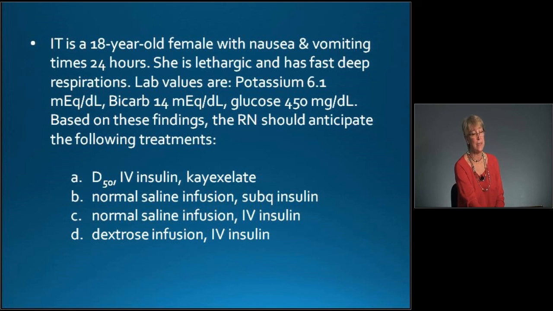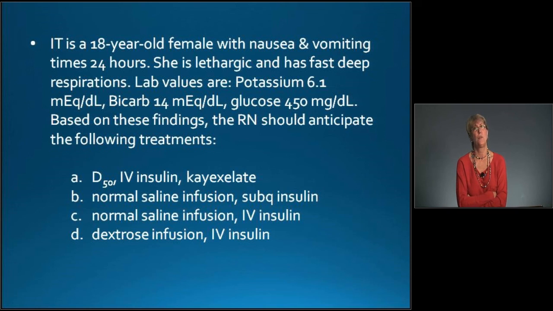Okay, it's an 18-year-old female. She's got nausea and vomiting. She's had it for 24 hours. She's lethargic and has fast, deep respirations. Lab values are potassium 6.1, bicarb is 14, glucose is 450. Based on these findings from your diagnostics, you should anticipate the following treatment.